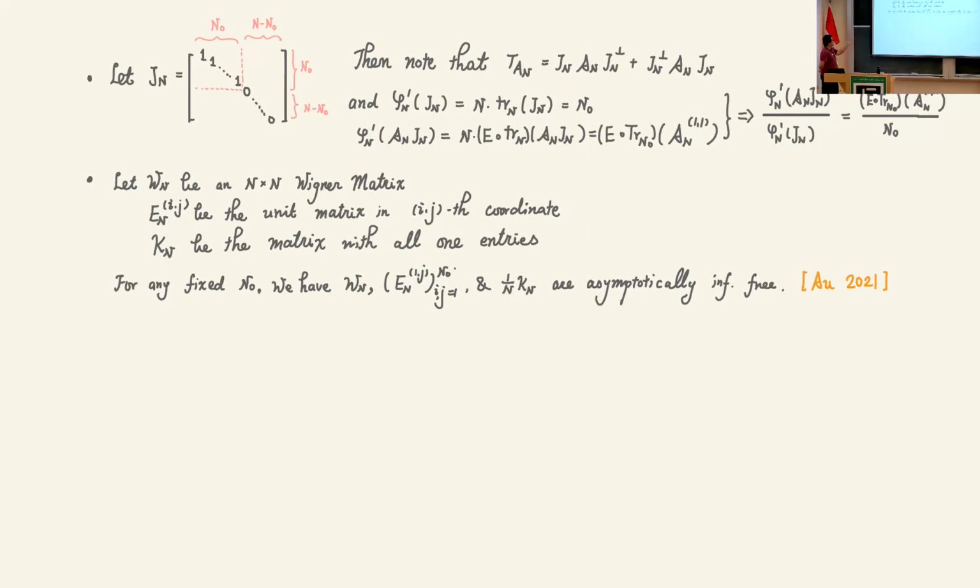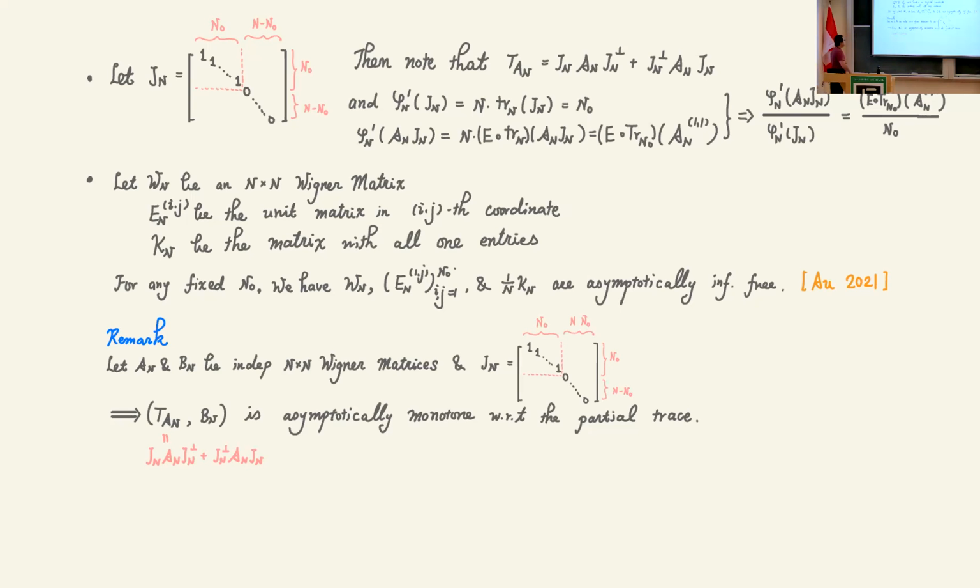But you can observe, if you consider J_M by letter 1, then J_N and the Wigner matrix are asymptotically infinitesimal free. So then we get something: if A_N and B_N are independent Wigners, and you consider J_M, then the T_A^M and the B_N will be asymptotically monotone. So it's not only GUE, they can be more general.